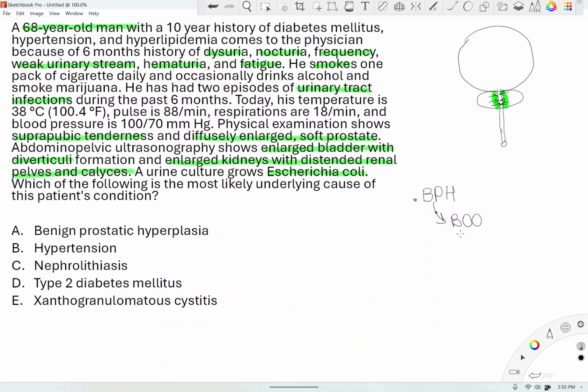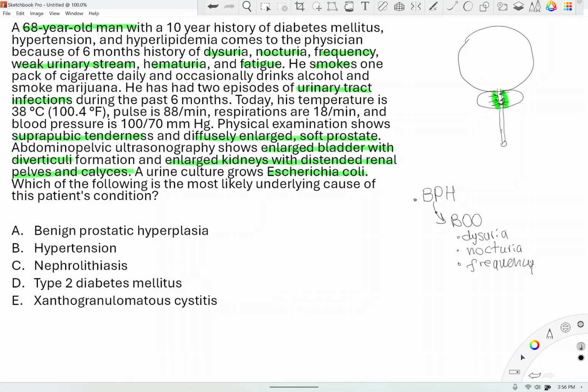What are the symptoms of bladder outlet obstruction? Obviously, difficulty urinating, right? So dysuria. You'll be looking for that. Okay. Nighttime urination, because there's a lot of urinary retention at night. The bladder is full, so you feel like going to urinate more frequently, and there will be frequency.